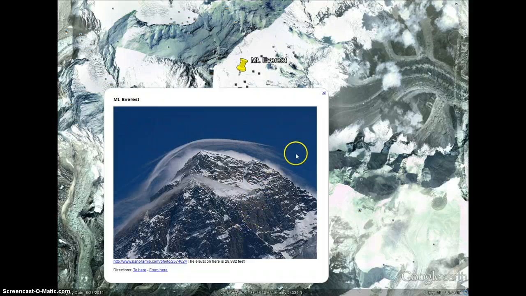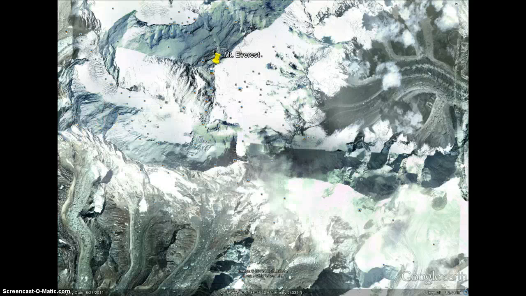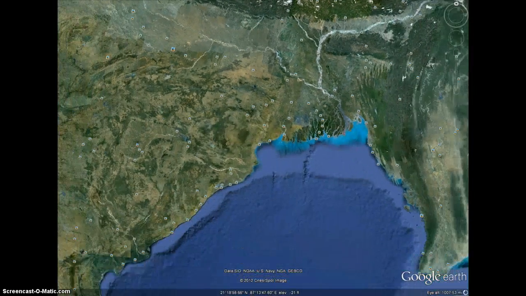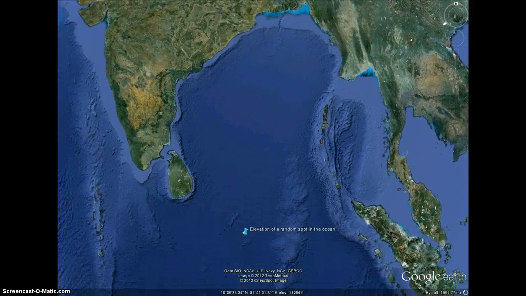Crazy. So to show you just how tall this mountain is, I pinned a location in the ocean that will show you just how deep the ocean can be. And this is not even very far out.